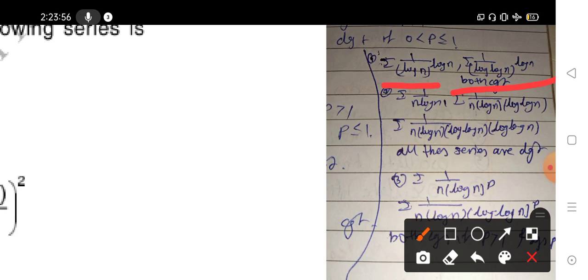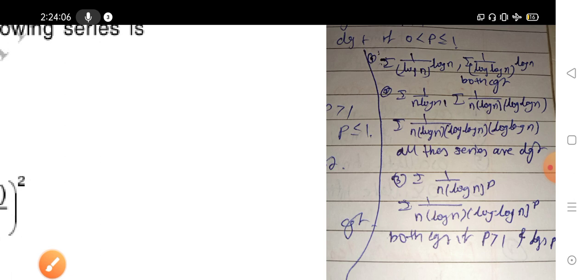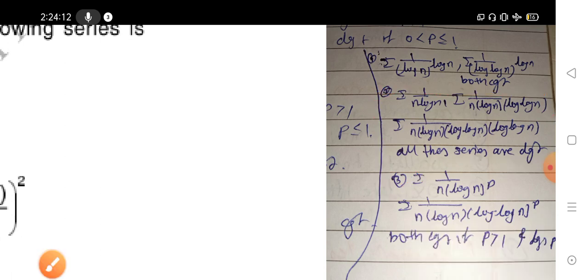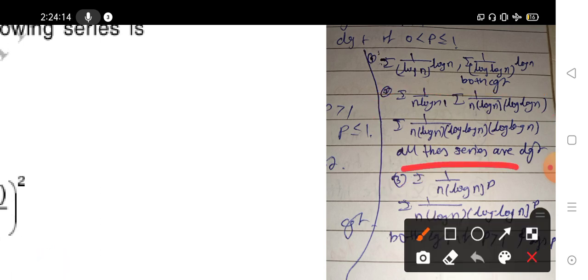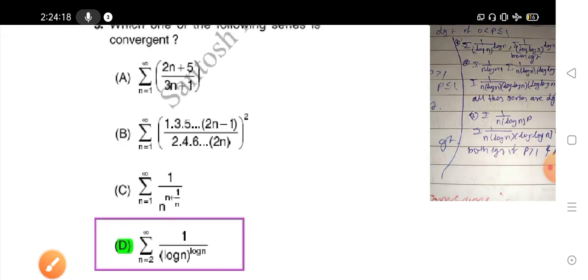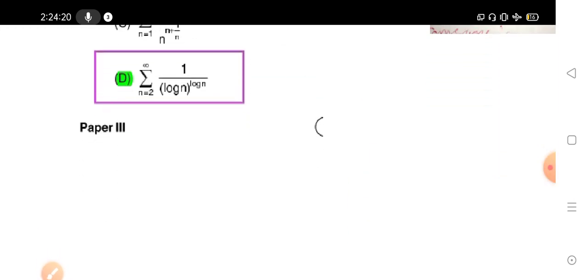Here 1 upon n log n is divergent. This is also divergent, and this converges only for p greater than 1. So option D is convergent.